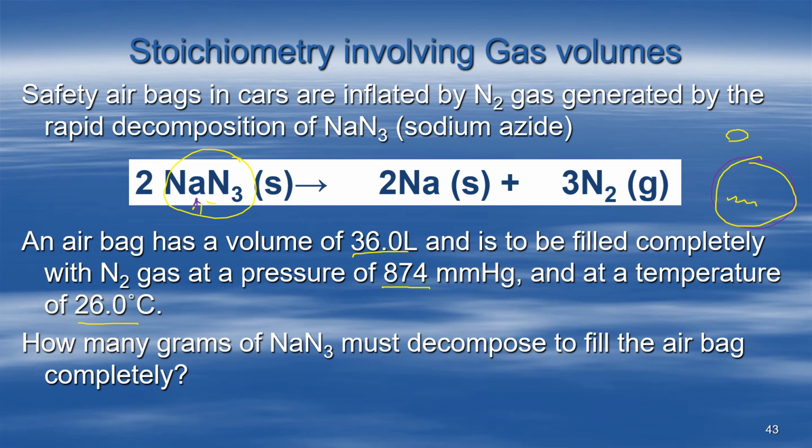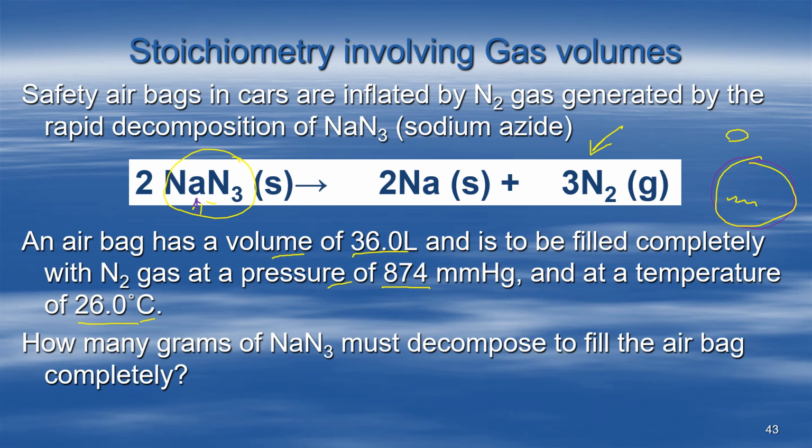So again, if you look at this question, we know our volume of the airbag, of the nitrogen, we know the pressure, we know the temperature. So knowing all those things, we can find out how many moles of nitrogen will fill up the tank, but that's not going to help us. We want to know azide.